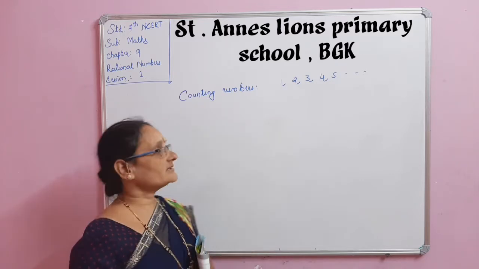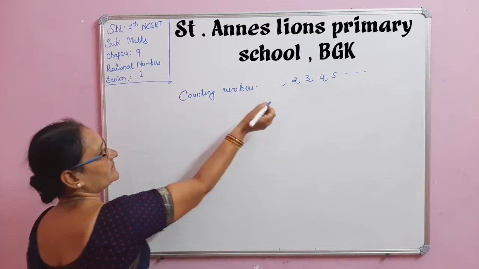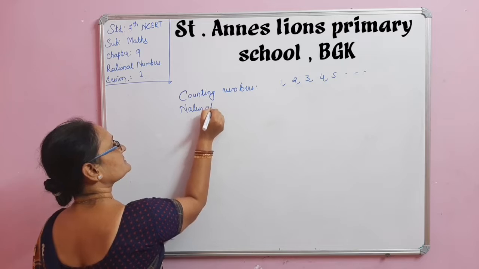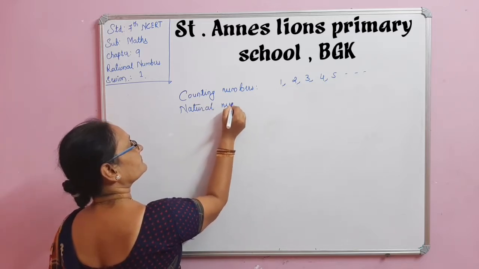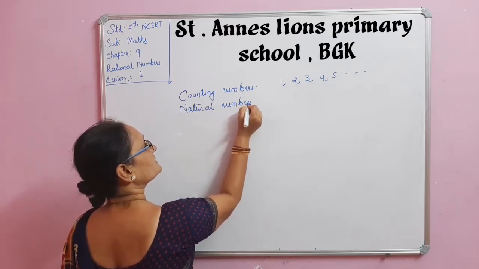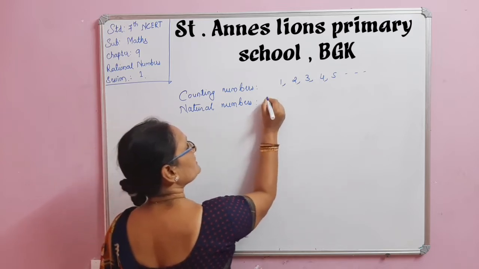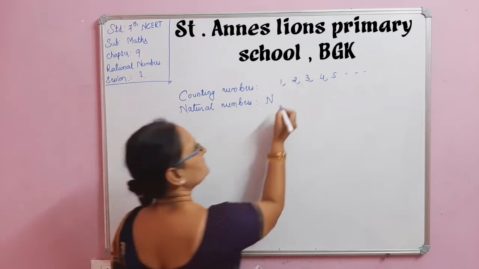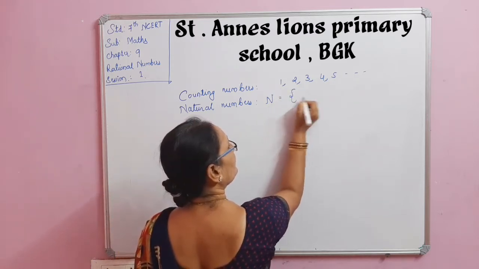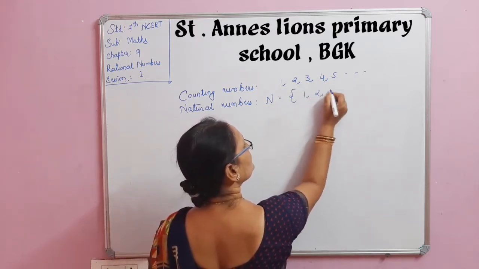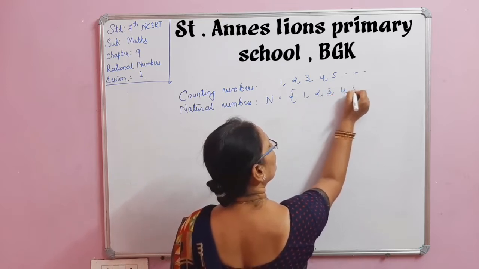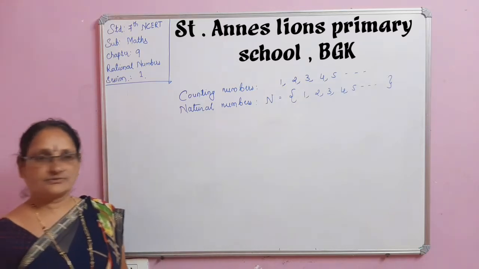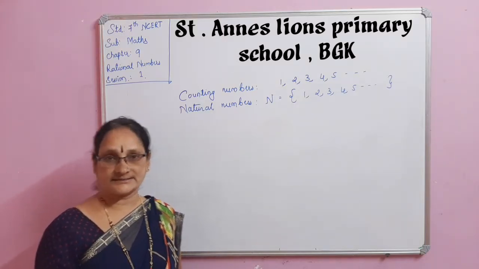Counting numbers are also called natural numbers, and the set of natural numbers is denoted by the letter N, written in set form like this: 1, 2, 3, 4, 5 and so on. This is what the natural numbers set is.